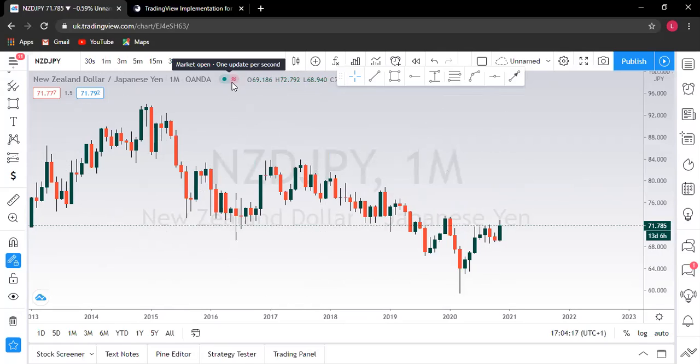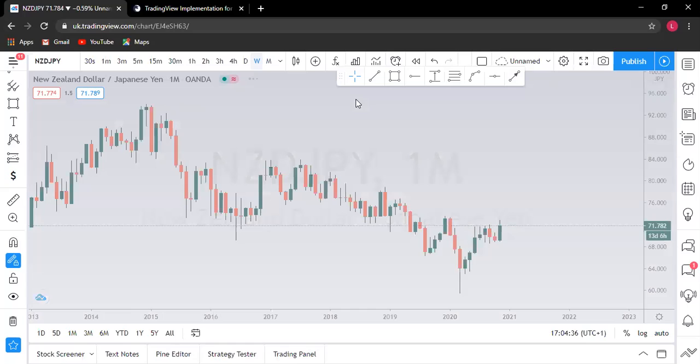So the next thing for you to do, remember that we are strictly analyzing based on multi-time frame analysis, is to scale through to a lower time frame. A time frame lower than the monthly is the weekly time frame. So you go to the weekly time frame and see what's up there.